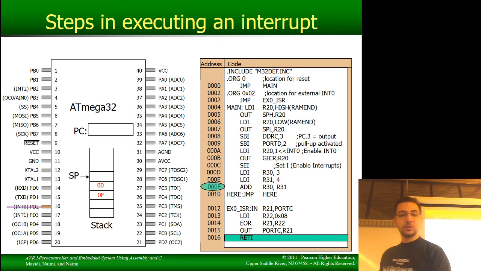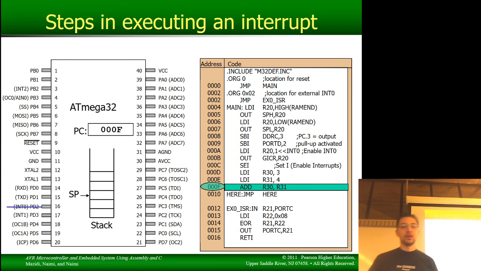Let's watch. Boom, return, throws it back in the program counter, stack pointer increases, and we're back where we were. Now, as far as this code is concerned, nothing has changed. It was executing this instruction, and now it's executing this instruction. There is nothing in this code to indicate that a call occurred there.